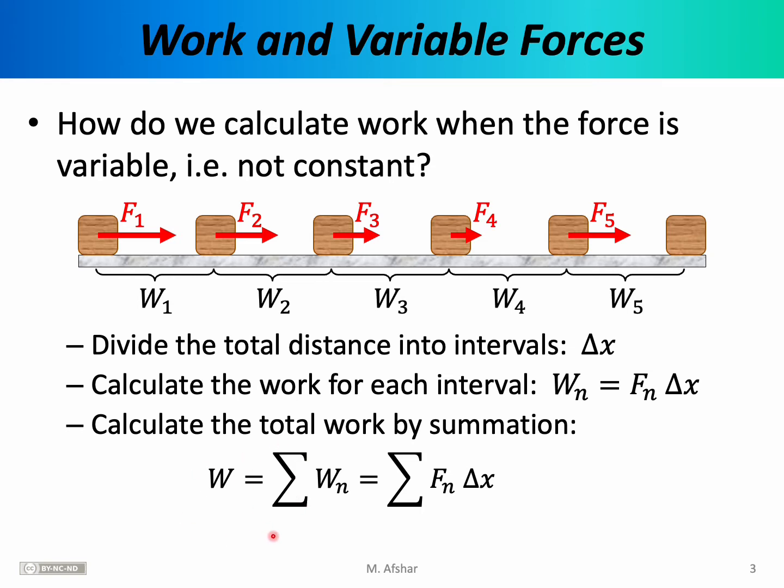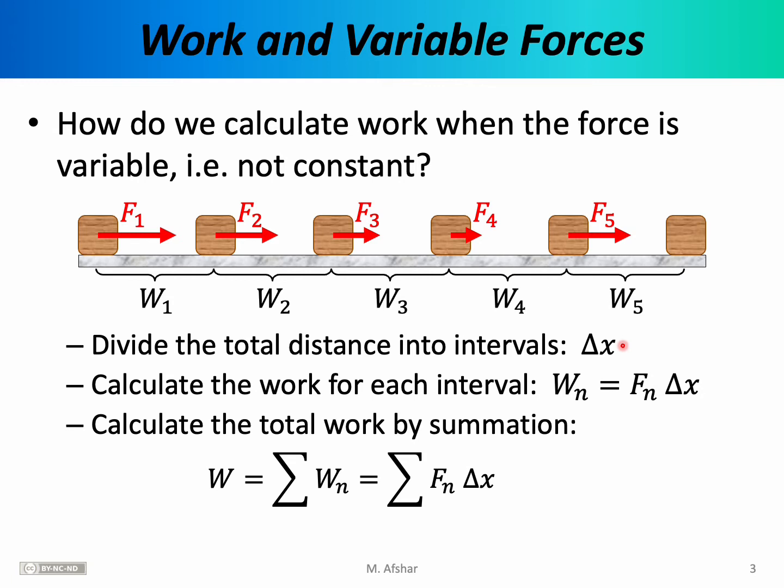So to calculate the work when the force is changing, we're going to sum over the forces for each stage or interval times the length of those intervals. Now, we didn't specify how large these intervals should be. If you're moving the box 100 meters, you might want to divide that distance into 100 intervals, each one 1 meter long.